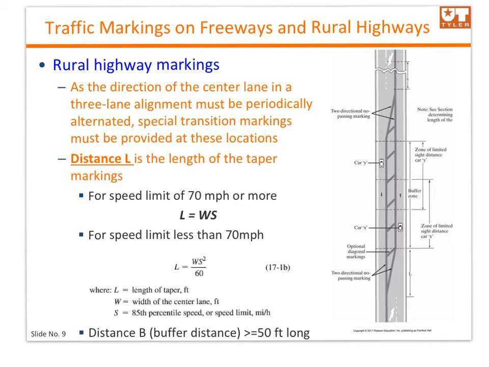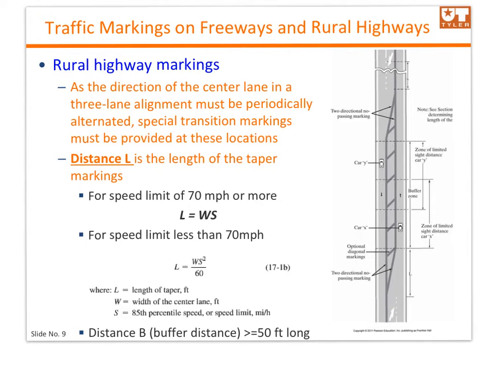So for a speed limit of 70 miles per hour or more, the length of that taper L is W times S. What's W? W is the width of the center lane, and S is the 85th percentile speed or speed limit.